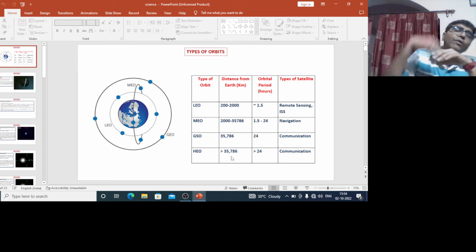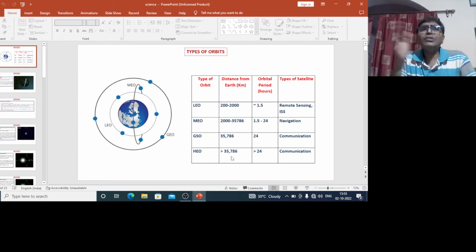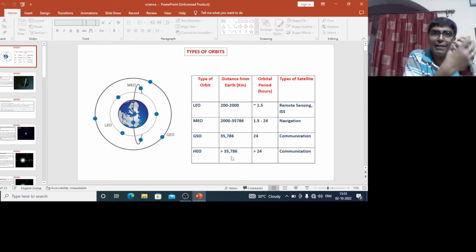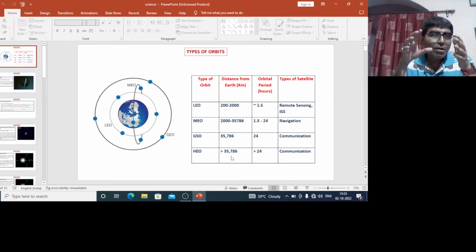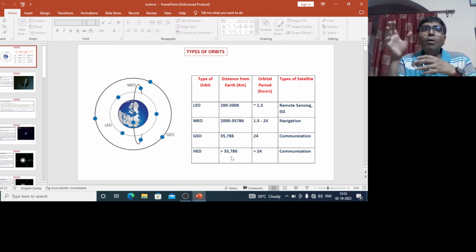Now, why does a satellite not fall from an orbit? This is basic general science. As I told you, you have to be clear on the basic science concepts. Why does the satellite not fall? Because the satellite's orbital velocity is equal to the pull.